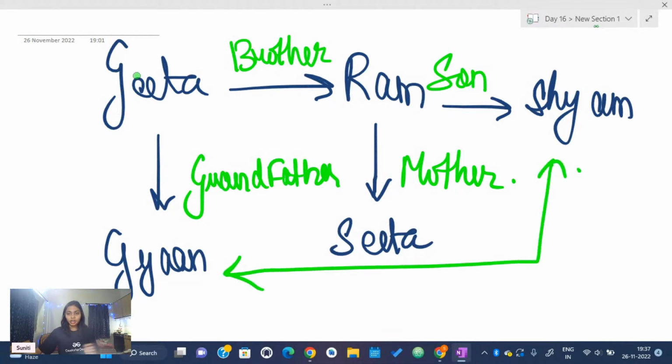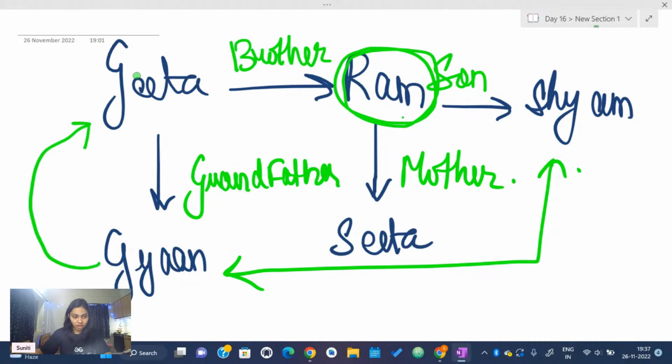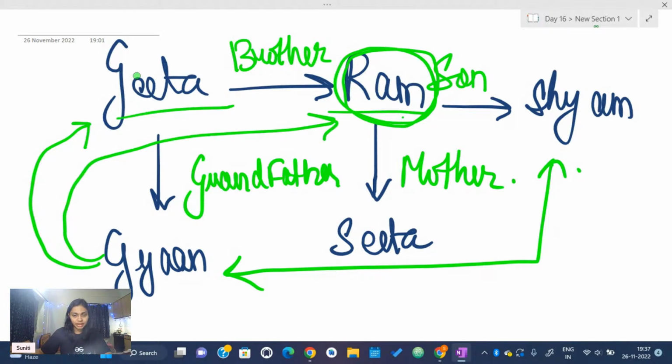Now tell me, Shyam is the son of Ram. If Gyan is the grandfather of Gita, then Gyan will be the grandfather of Ram as well, because Gita and Ram are brother and sister. So according to this relation, Shyam is going to be the grandson of Gyan, because Gyan is the grandfather of Ram and Shyam is the son of Ram.